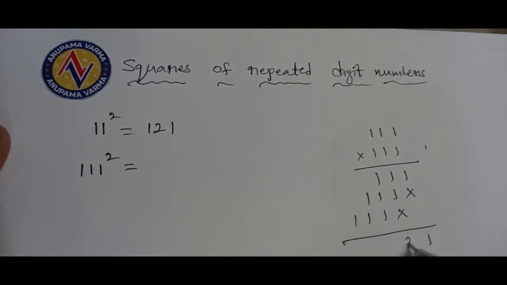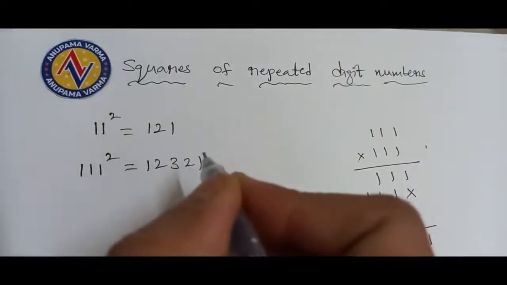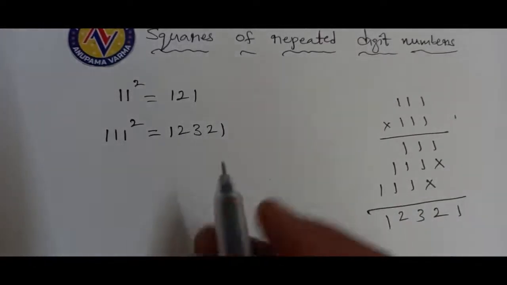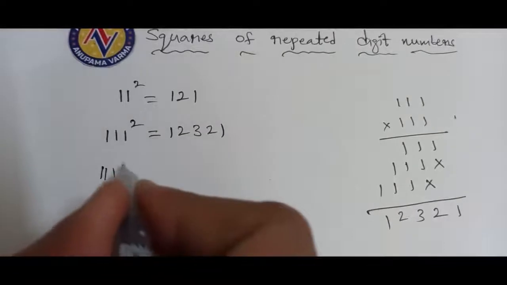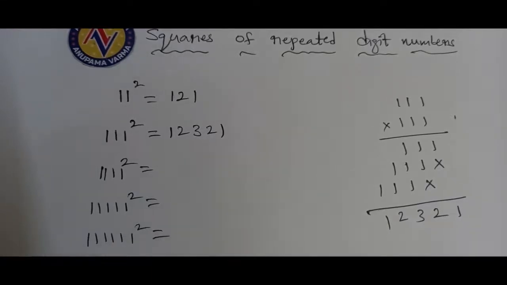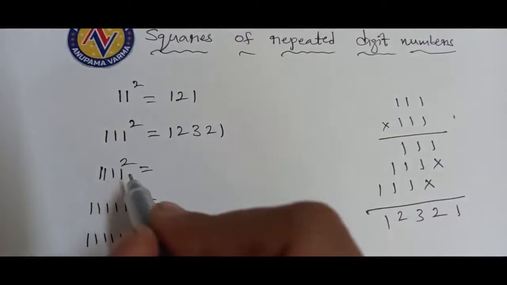So the answer is 1, 2, 3, 2, 1, right? If you observe this pattern carefully, then you can write 4 1 square, 5 1 square, and 6 1 square, and so on. Okay, let's write this pattern now.